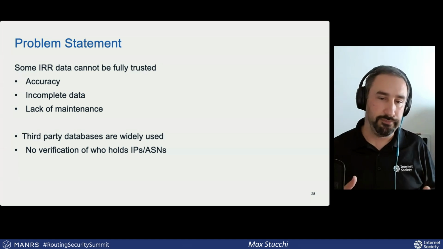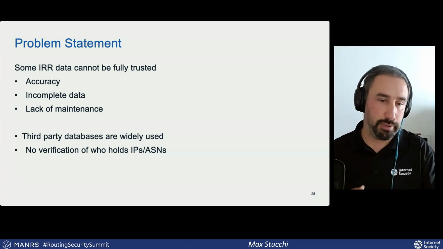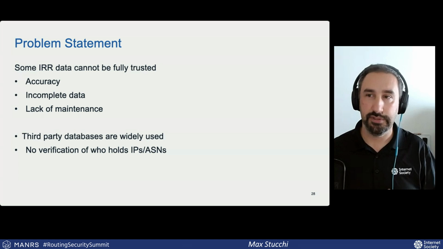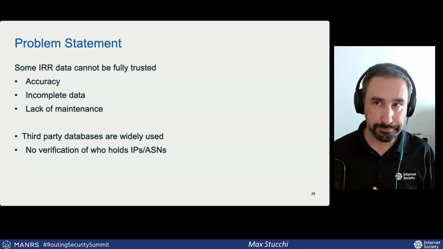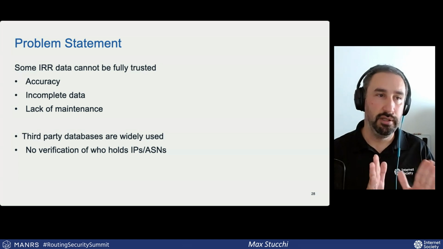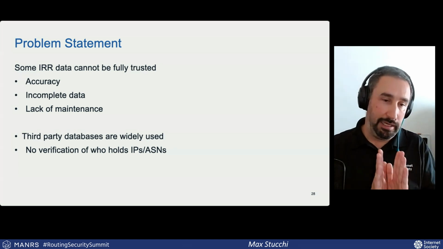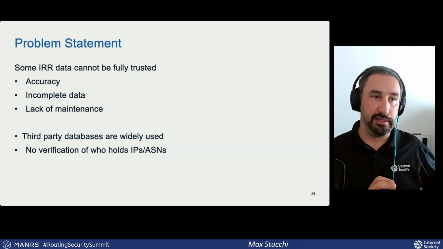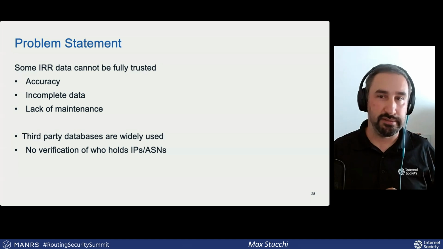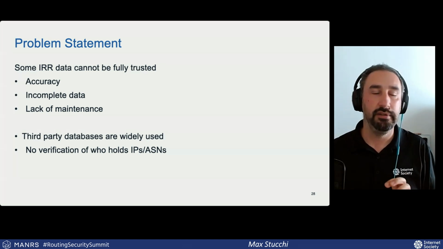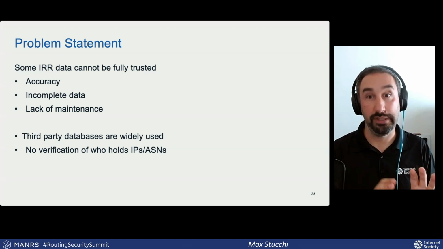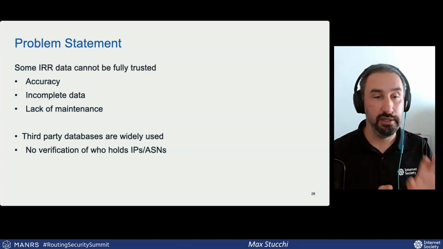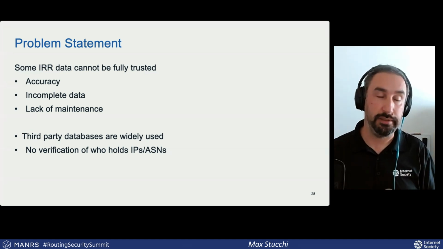So when I say that there are third-party databases that are widely used, the main one we can think of is RADB, for example. And we did an investigation to check how much data you can find in the regional registry databases that you find either duplicated, with the same origin in route objects, or with different origins, which is even worse, in, say, RADB.